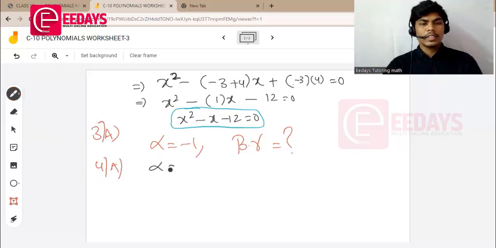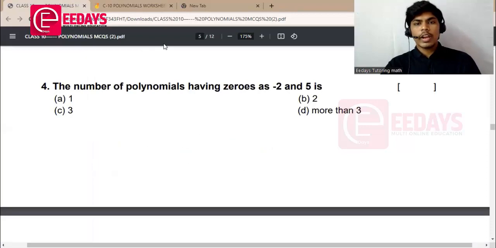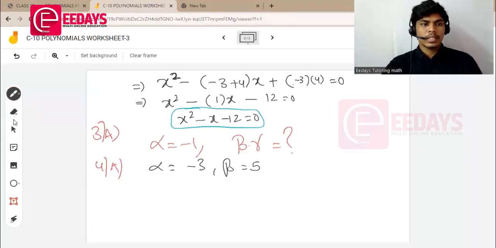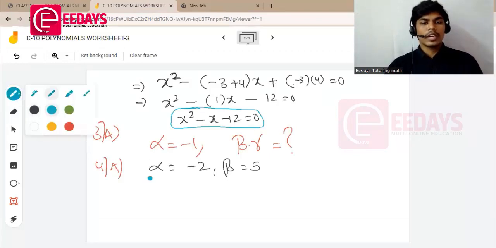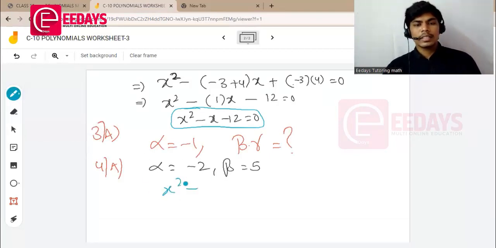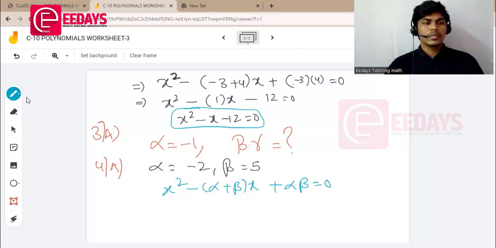Simply they given alpha is equal to -2 and beta is equal to 5. First of all, you have to frame the equation. You have to substitute in the quadratic formula. So the quadratic formula is x square minus alpha plus beta into x plus alpha beta is equal to 0.